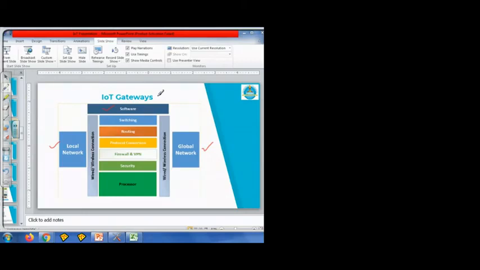The question might come to mind, why is there a need for software in a Wi-Fi router? It depends on the network administrator. Suppose, being a network administrator, I need to provide privileges to different users or to different sensor nodes, isn't it? So I can provide those privileges to those particular sensors.